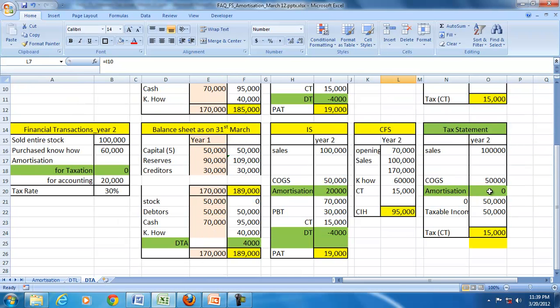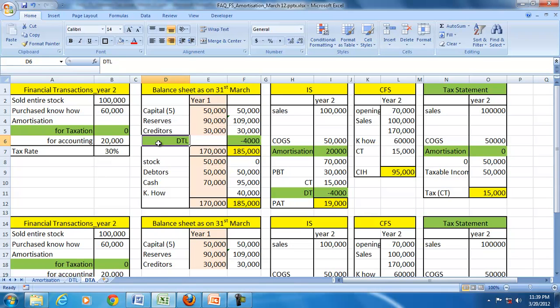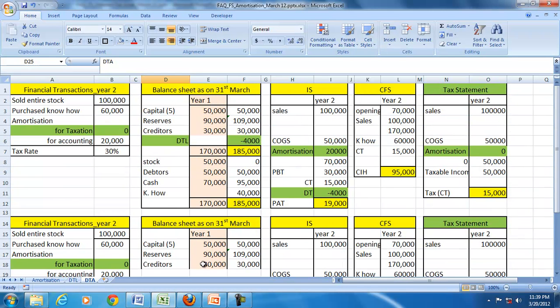But if the amortization in accounting is more than the amortization in taxation, you'll have deferred tax asset. But in case in a particular year, if both deferred tax liability and deferred tax asset appear, then accounting standard allows that to be adjusted or netted off.